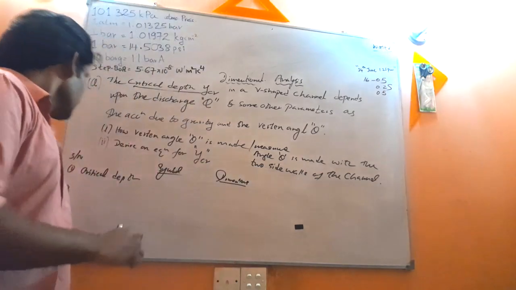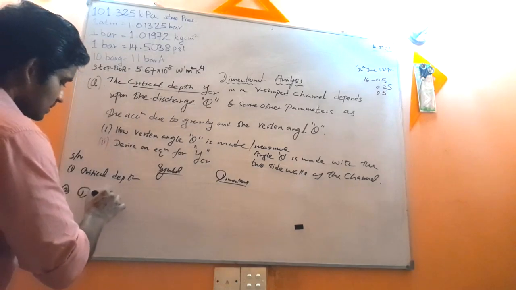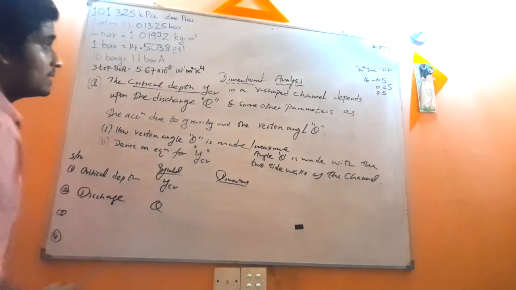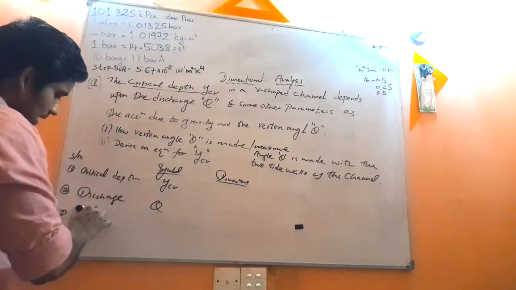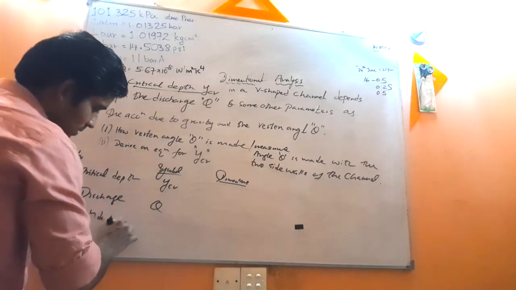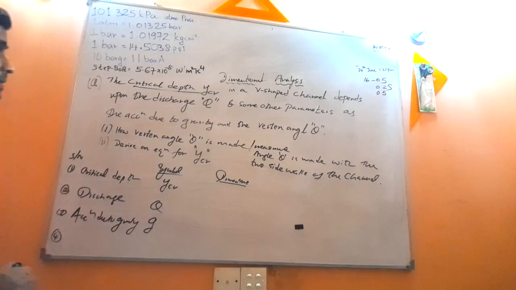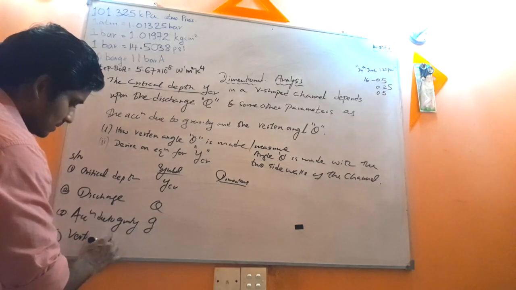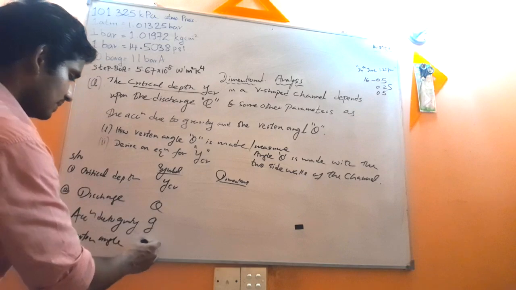Critical depth is Ycr, discharge is Q, acceleration due to gravity is g, and the vertex angle is theta.